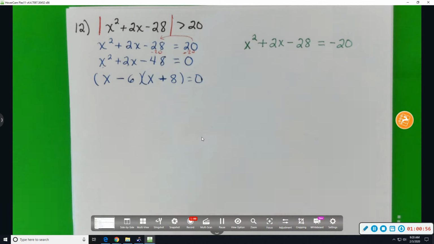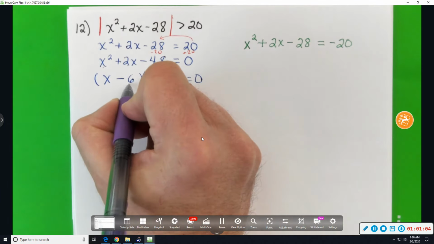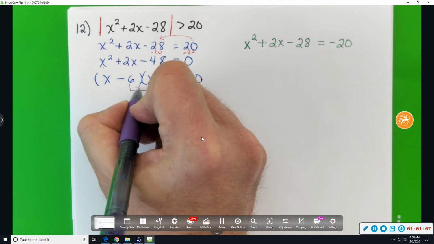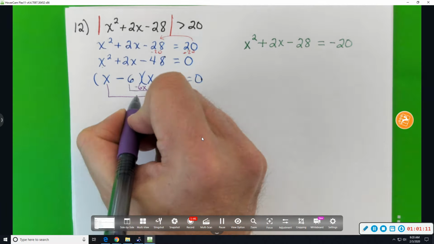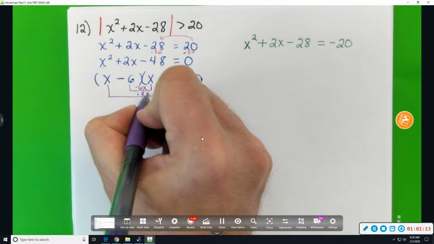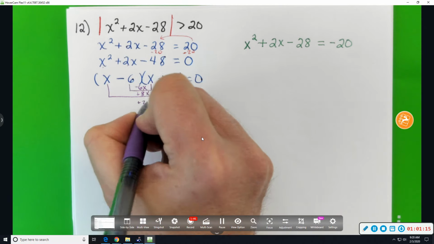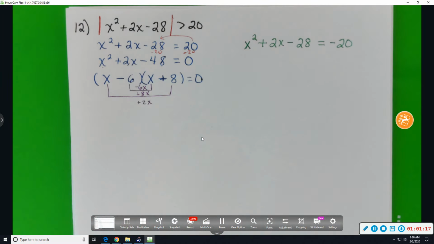I'm deaf up here in case y'all haven't figured that out. Is that right? Did that do it? If you look at the outer and inner, this would put a negative 6x. If I don't get the right one, then I need to just change the signs. And a plus 8x. Is that giving me a positive 2x? Yeah. So I think I factored it correctly.